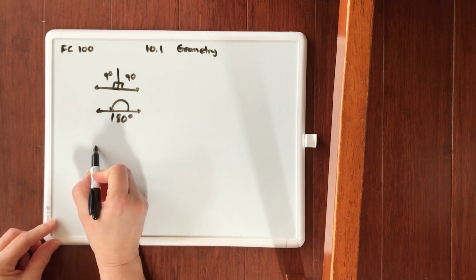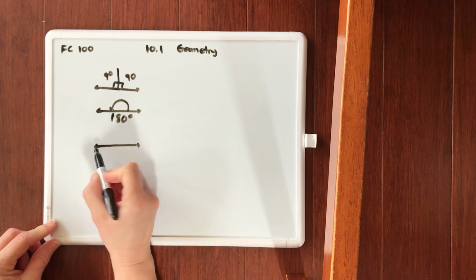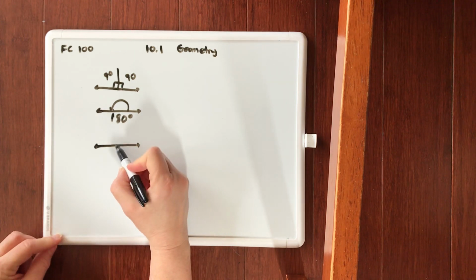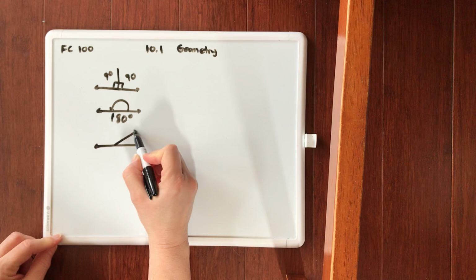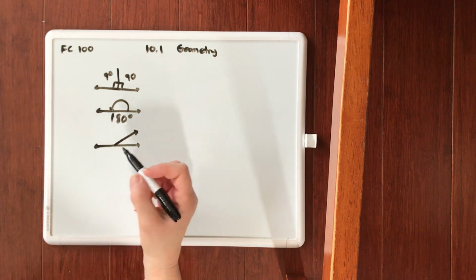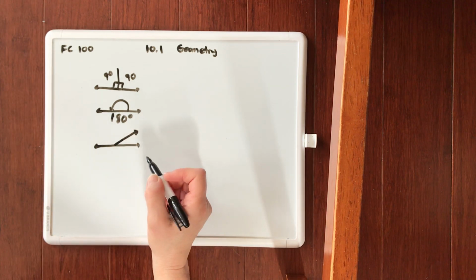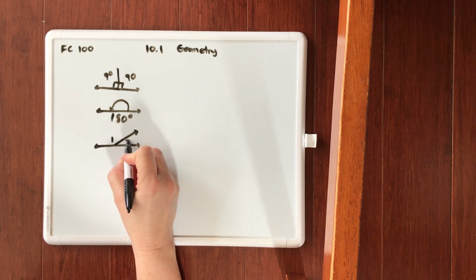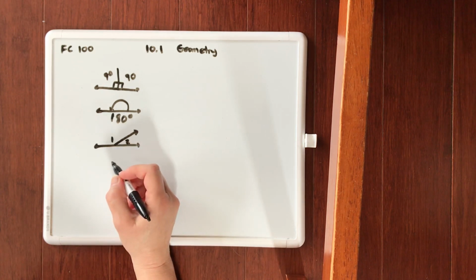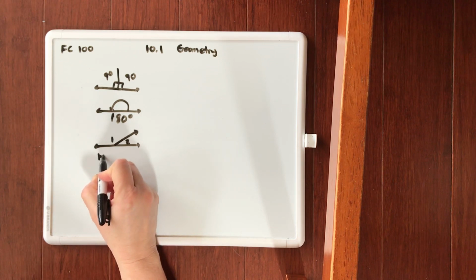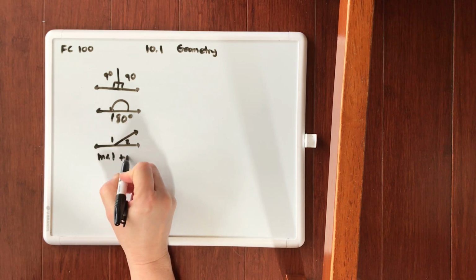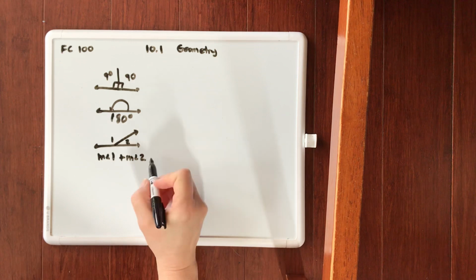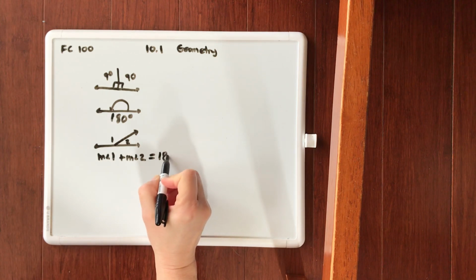Okay? Now, if we have a straight line and we make an angle, something that looks like this, we call these supplementary angles. So I'm going to call this angle, the big one, 1, and the small one, 2. And what we can see is the measure of angle 1 plus the measure of angle 2 equals 180 degrees.